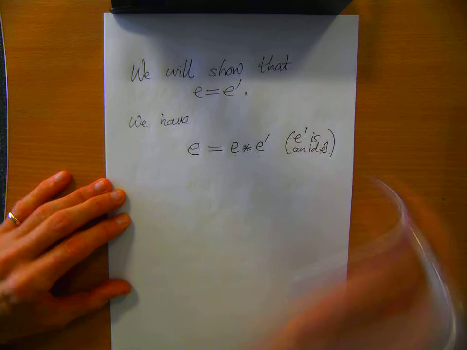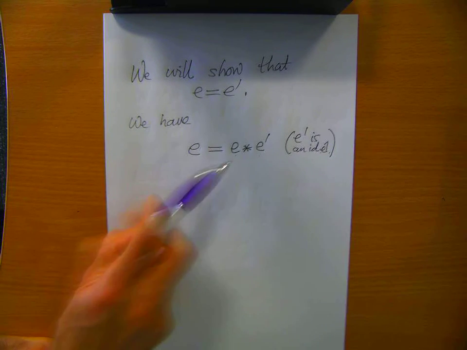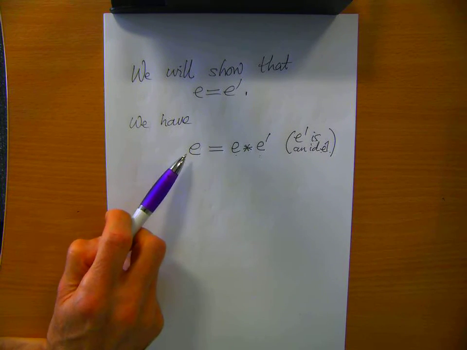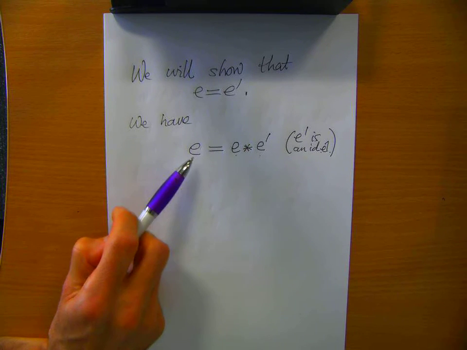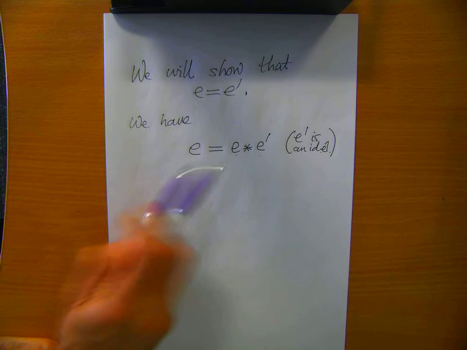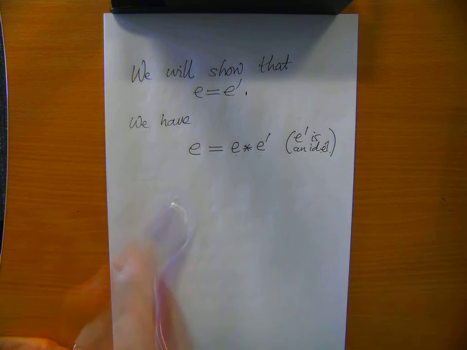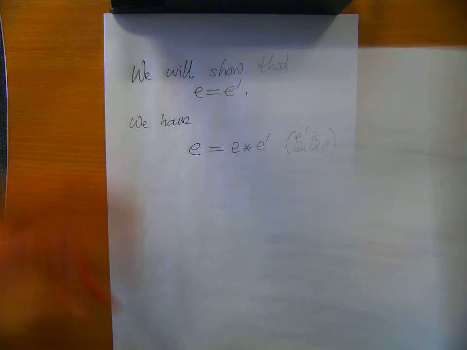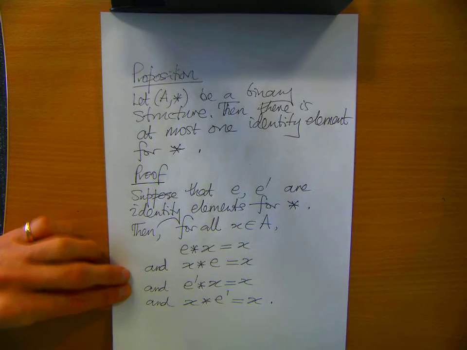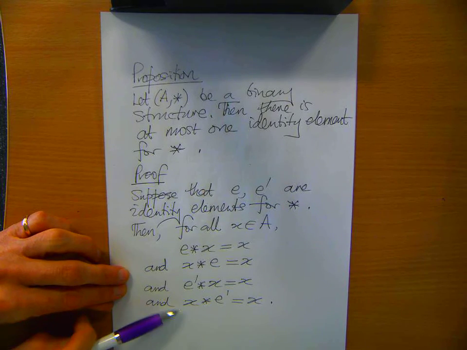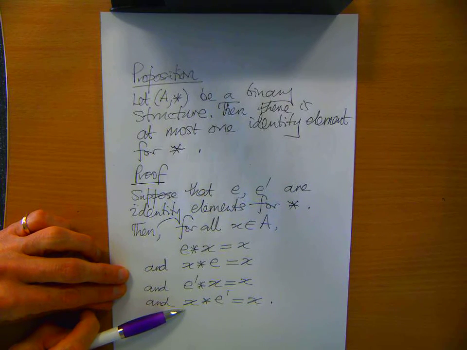So I'm thinking here of E as some arbitrary x in a way. It's not arbitrary, it's a fixed E. But this is the x of the, let me just quickly go back to this page. So what I've just done here is use this fourth equation with x replaced by E.